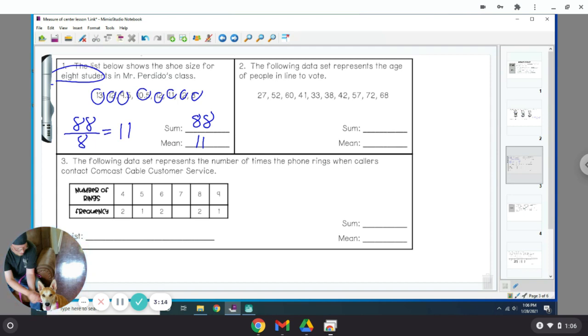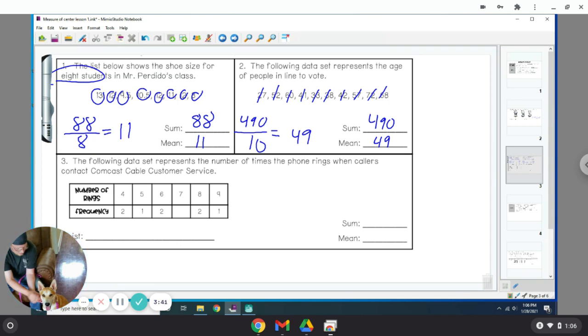When you do that, you get 490. So we're going to divide 490 by the number of people in line. There's 1, 2, 3, 4, 5, 6, 7, 8, 9, 10, so there's 10 people in line. 490 divided by 10 gives you 49. So the average age of the person in line to vote is 49.